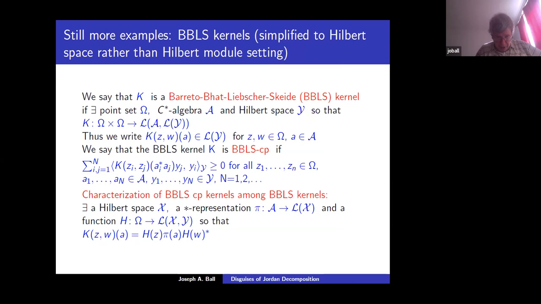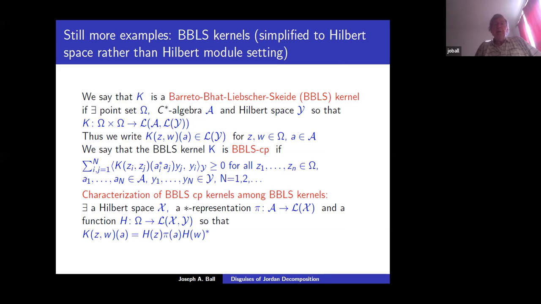You have a point set omega, C star algebra A, Hilbert space Y. And now your kernel goes from the Cartesian product of my point set omega, not into L of Y, but there's an additional argument, operators from A to L of Y. So to see what's going to land in L of Y, you have to evaluate K at z, w. Then that's still a function of A. So then you have to evaluate that in A, and then you get something in L of Y.